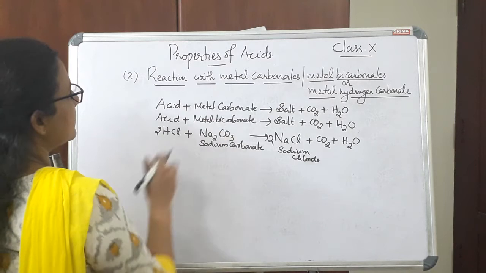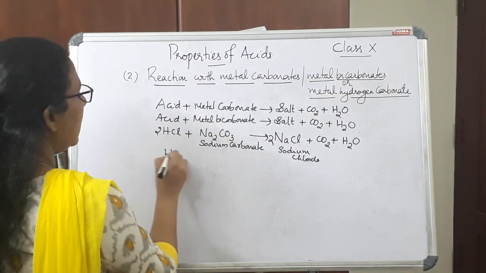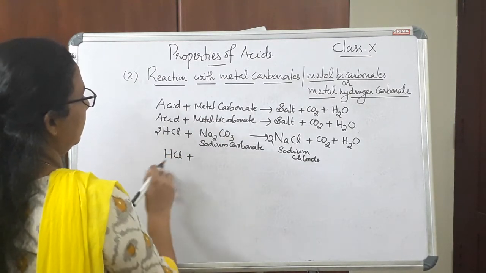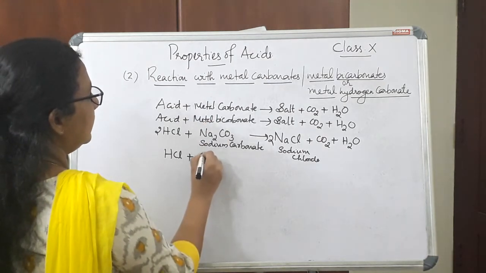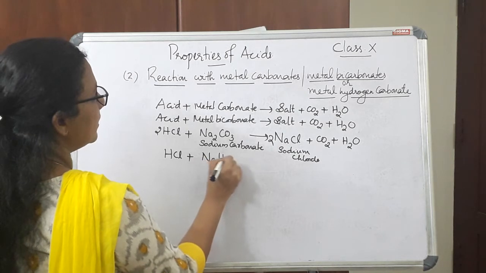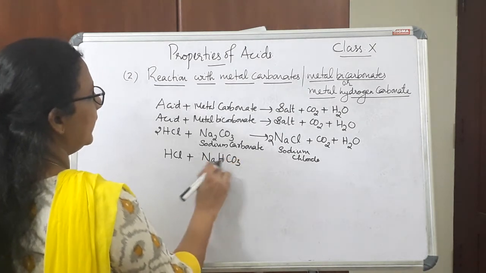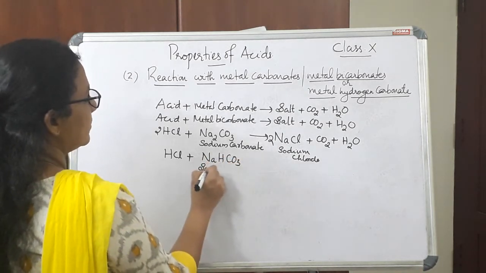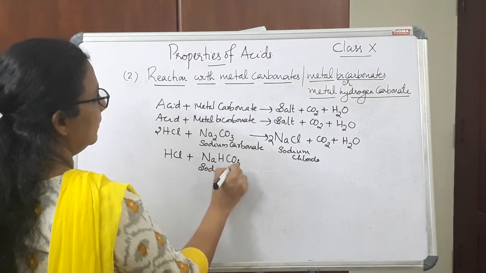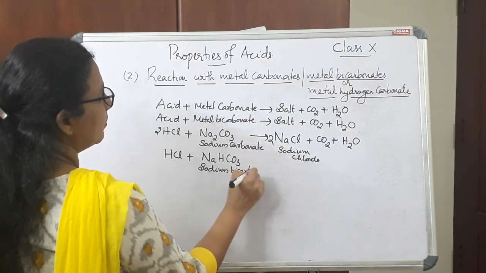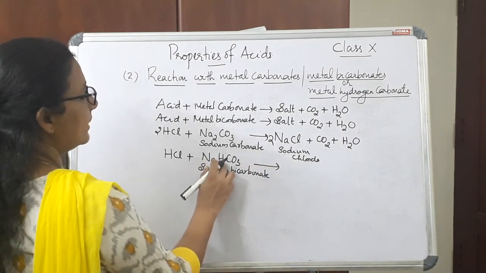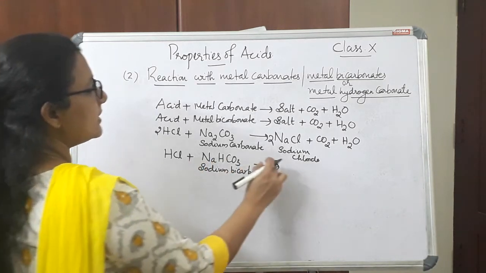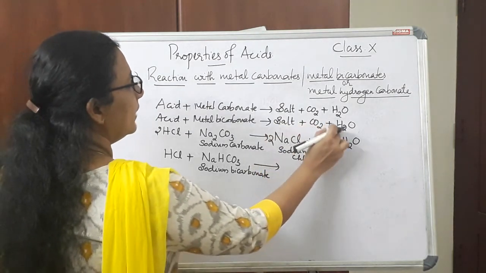Now let's see the next case, that is acid plus metal bicarbonate. Again HCl plus metal bicarbonate or metal hydrogen carbonate. So it will be sodium bicarbonate or sodium hydrogen carbonate, NaHCO3. In this case also salt, carbon dioxide and water are formed.